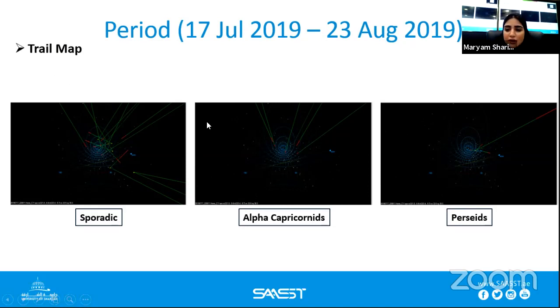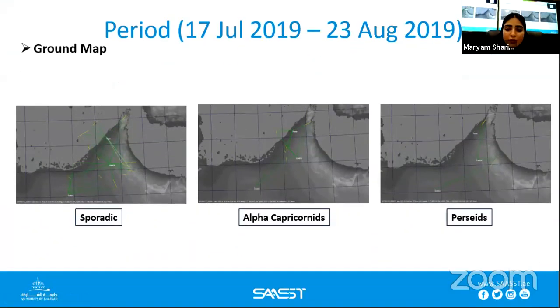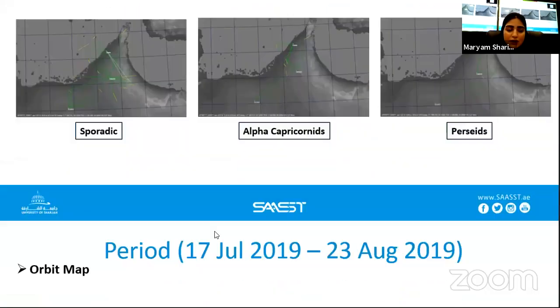So these are again for the same period, the trail for each meteor group. In this picture we have the sporadic analysis, and here we have the Alpha Capricornids, and here we have the Perseids. And here we have the ground map for these 3 meteor groups for that specific period, as you can see.